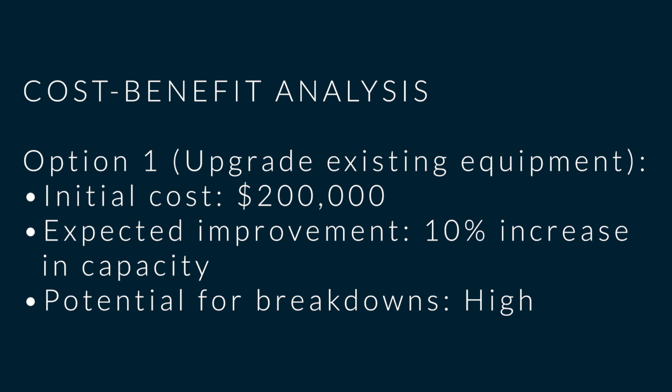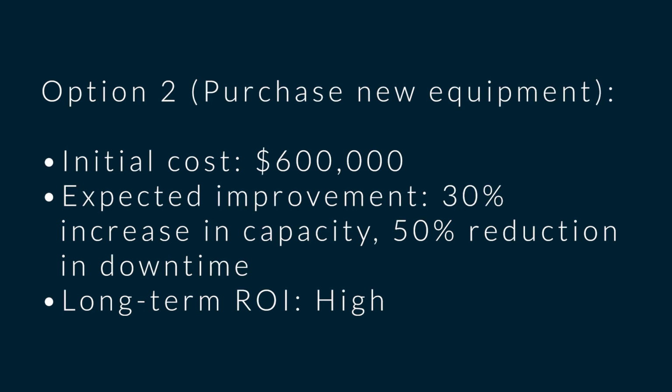Cost-benefit analysis. Option 1, which was upgrading the existing equipment: initial cost will be $200,000. Expected improvement, 10% increase in capacity. Potential for breakdowns, very high. What about option 2, which was purchasing new equipment? Now that will initially cost us $600,000.